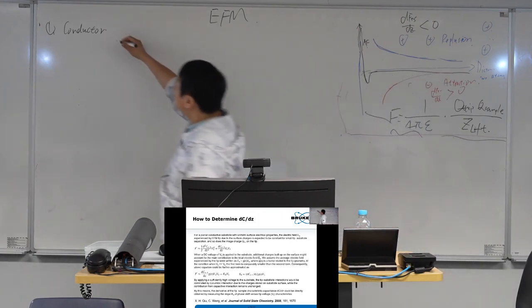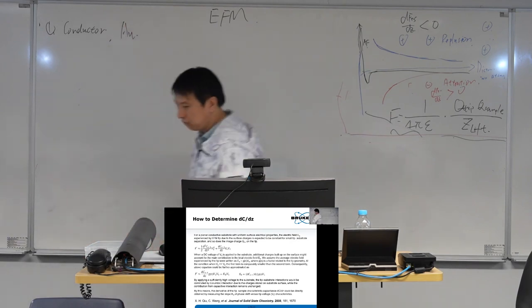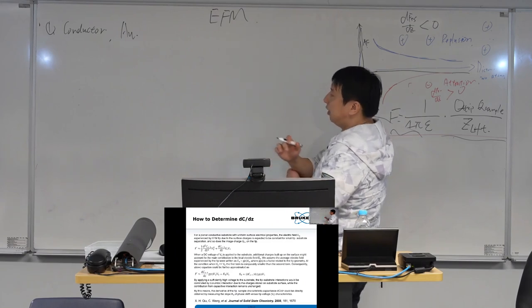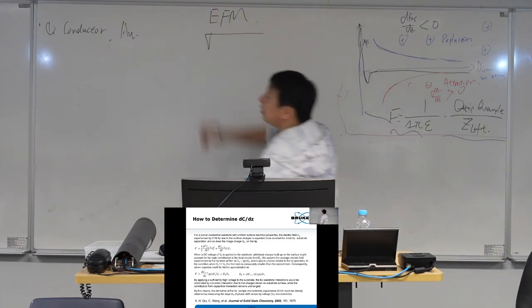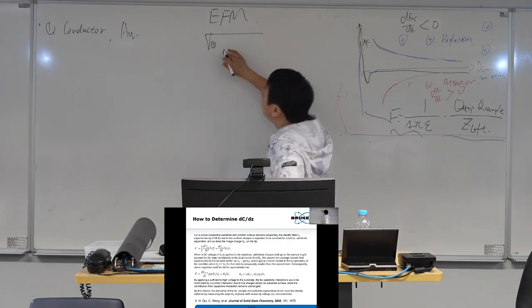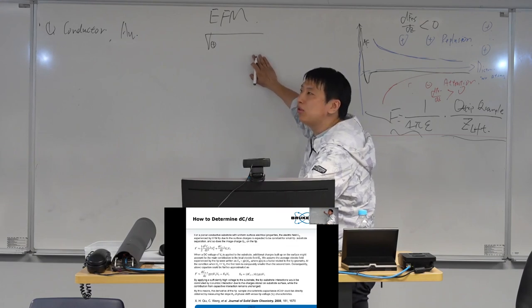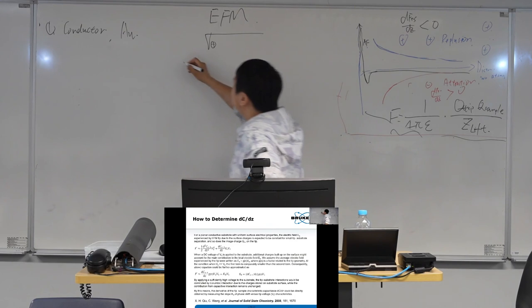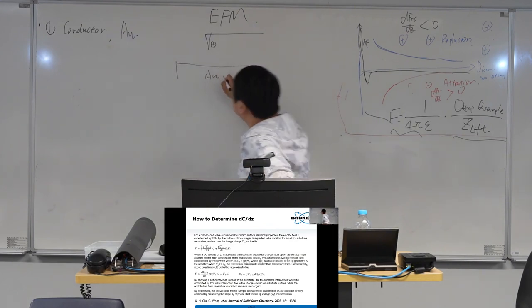So for example, we have gold. The EFM we do like this. If we apply a positive voltage on the tip, it means the probe itself is positively charged, and we let it park on top of gold.